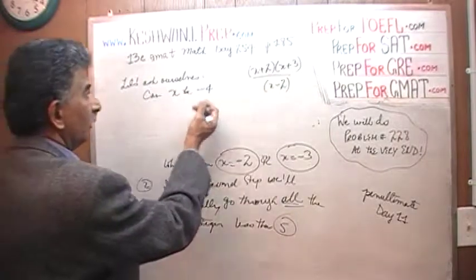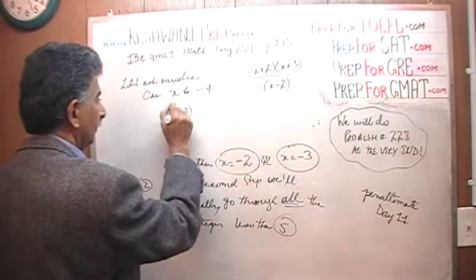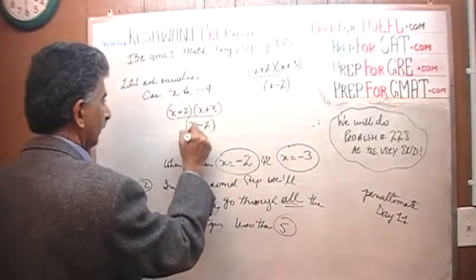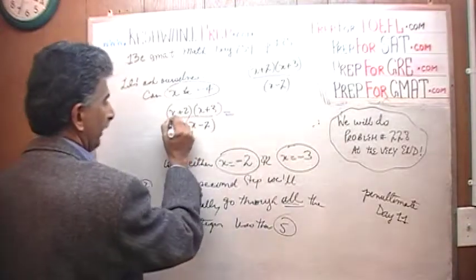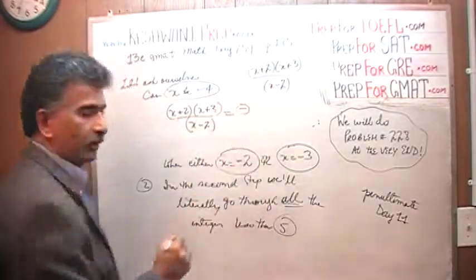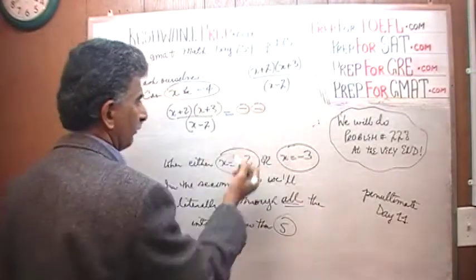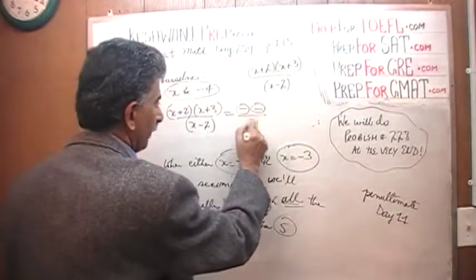If x is negative 4, then in x plus 2 times x plus 3 over x minus 2, negative 4 plus 2 is a negative quantity. Negative 4 plus 3 is also a negative quantity. On the bottom, negative 4 minus 2 is also a negative quantity.